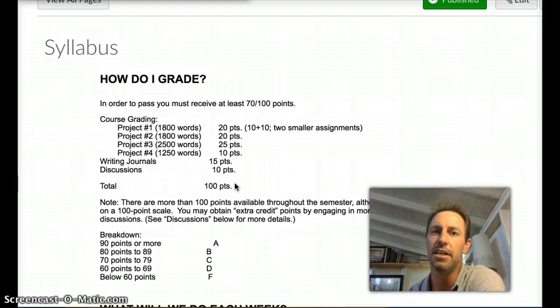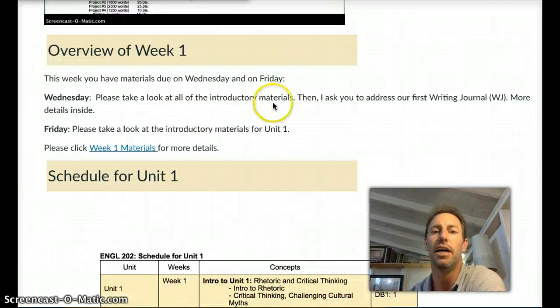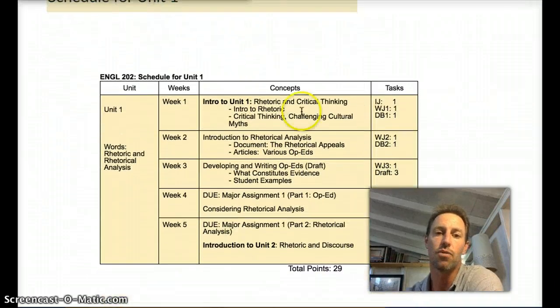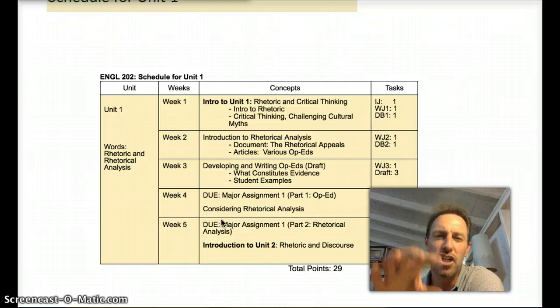Also, what I've tried to do is to be as clear as possible. And so if you look, and I'm again on that landing pad page, and you take a look at the schedule for the first unit, the schedule's tentative. I may change things a little, but I'm trying to give you an understanding of what we'll be covering and how we'll be covering it.